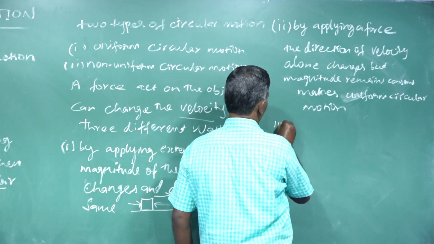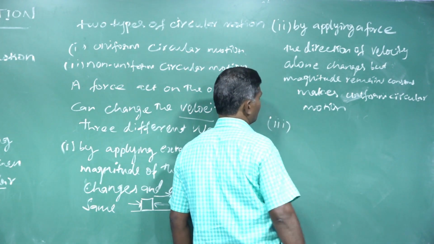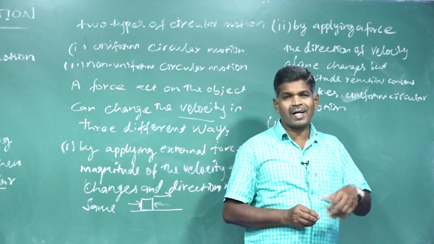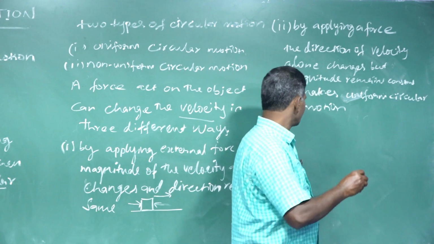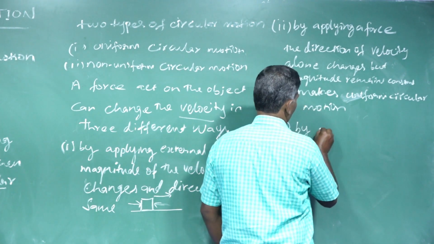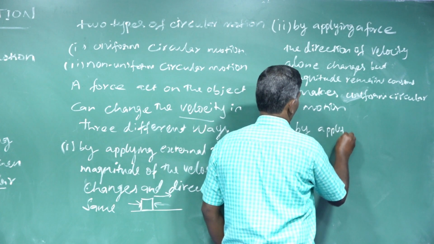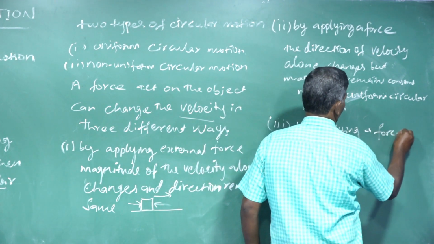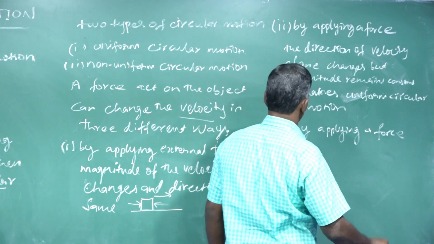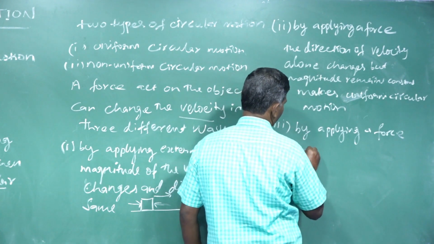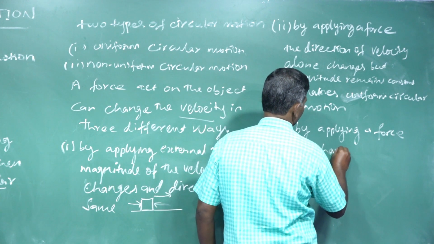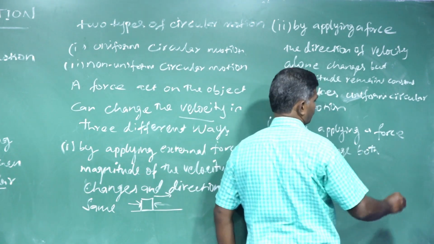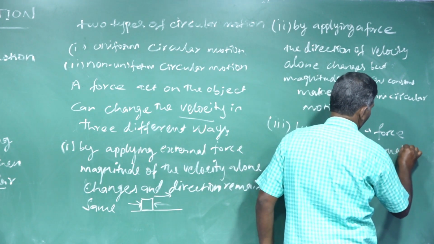Next we have the third way. We are going to change both magnitude and direction by applying a force. The force can change both the magnitude and the direction of the velocity.